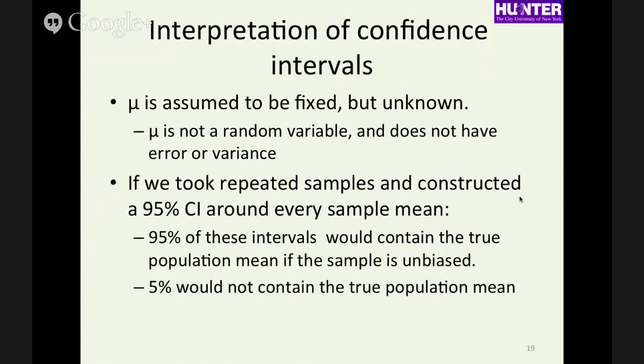So like the age, there is a correct answer, but you don't know it. If we're talking about serum cholesterol levels and the average serum cholesterol for men in their 40s, there is some true value for that mean, but if you only get a small sample of individuals, you can only estimate it. So it's not a random variable. It doesn't have error. It doesn't have variance. It's just a single value. It's the answer.